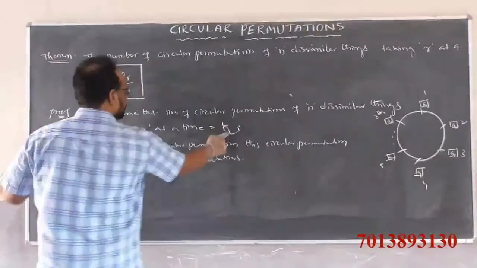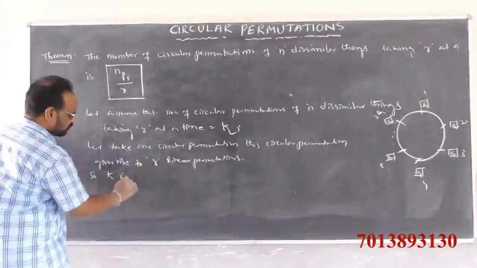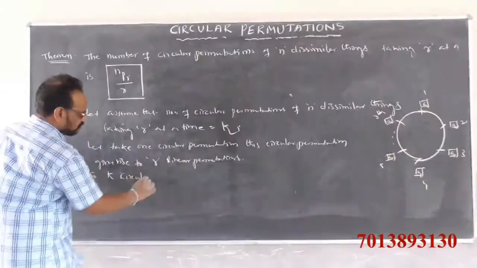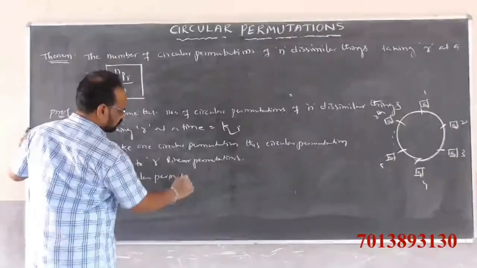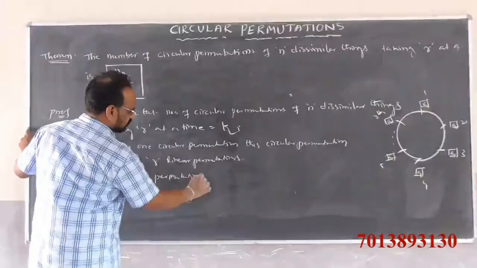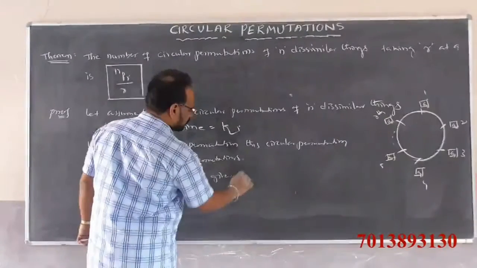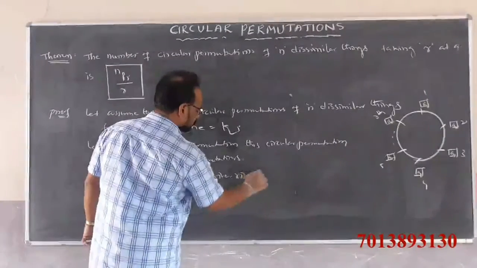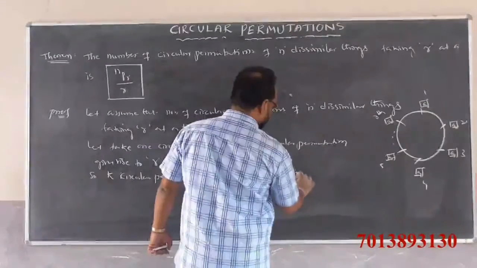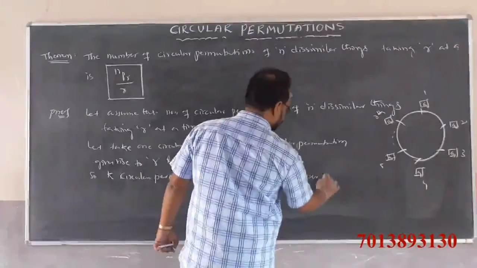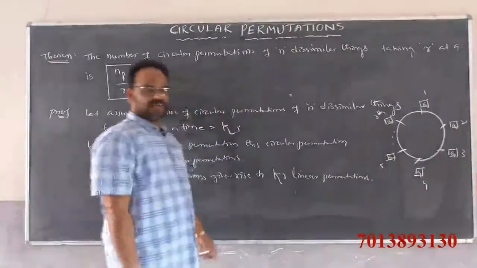We have k circular permutations, so k circular permutations give rise to k into r linear permutations.